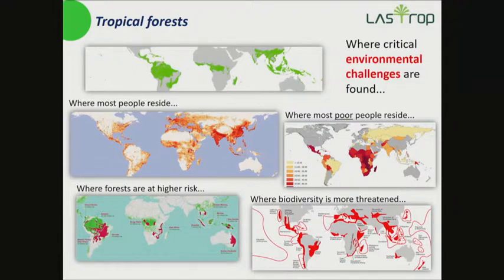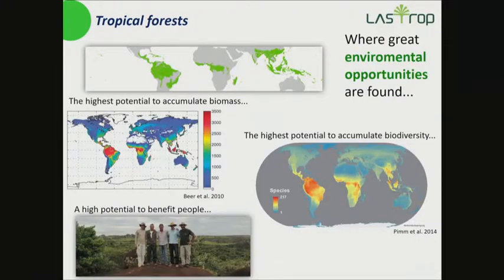This is where we have the highest deforestation rates. This is where we find the most threatened ecosystems and species. So the challenges for large-scale restoration in tropical forests are especially relevant. But at the same time, we find some very great opportunities for getting benefits from restoration in this region.